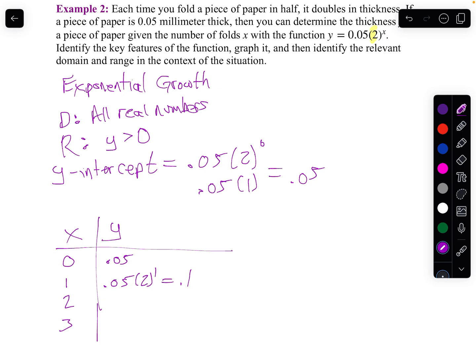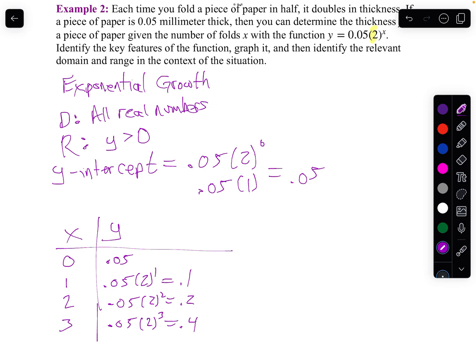And then I could go 0.05 times 2 squared. 0.05 times 2 squared is 0.2. And then 0.05 times 2 cubed, that's 2 cubed is 8. So 8 times 0.05 is 0.4.